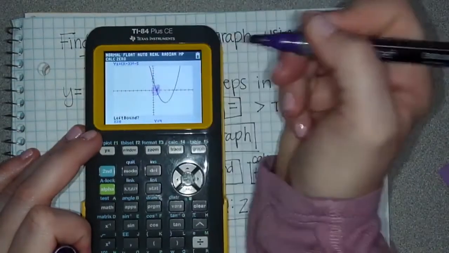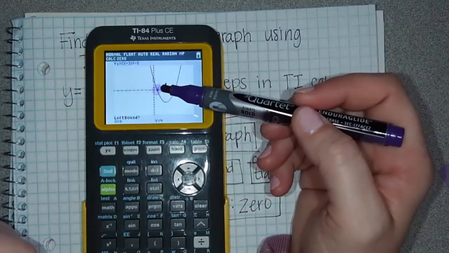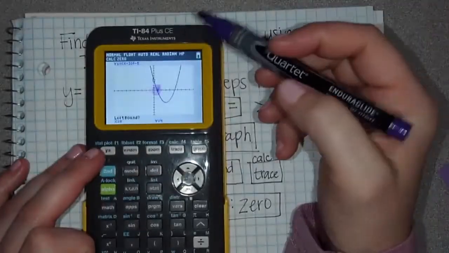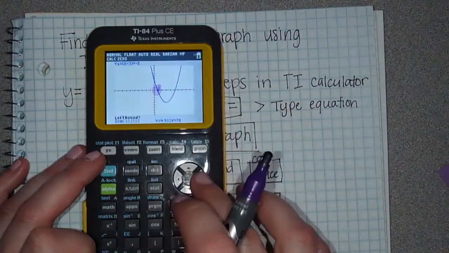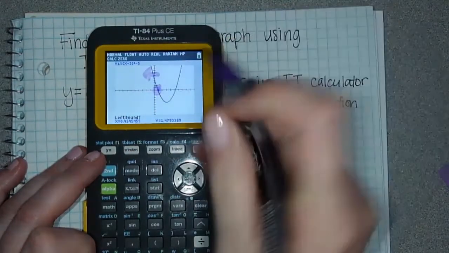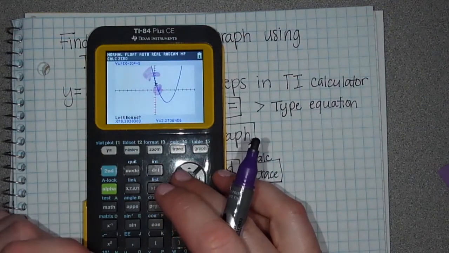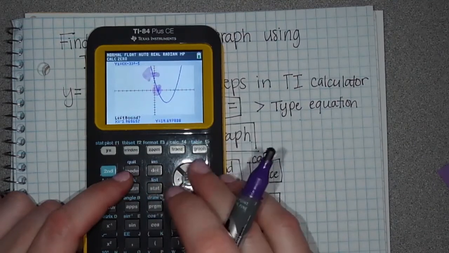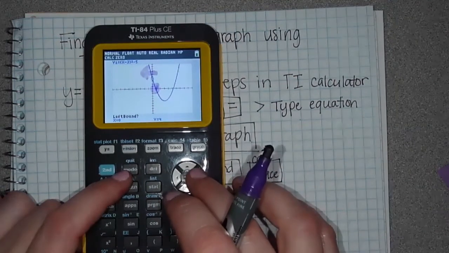I need to make sure that the cursor, do you see that cursor, is to the left of that zero. So I'm to the left of it. Doesn't matter how far. If you can't see your cursor, you might need to hit one of the arrows to get it close.